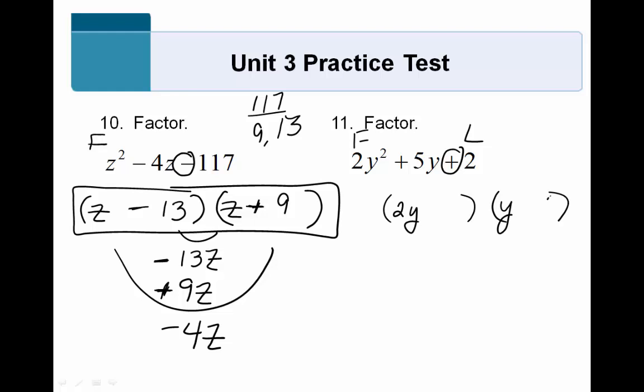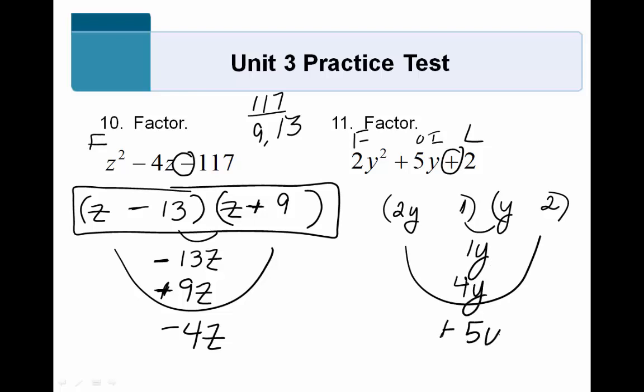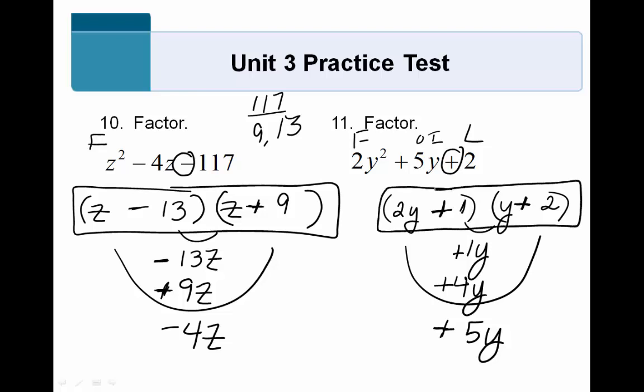So I believe my 2 will have to go here and my 1 will have to go here. I'll check my inner and outer. They need to add up to 5y. 1 times y is 1y. 2y times 2 is 4y. It has to add up to positive 5y, which it will as long as everything's positive. So we get 2y plus 1 multiplied by y plus 2.